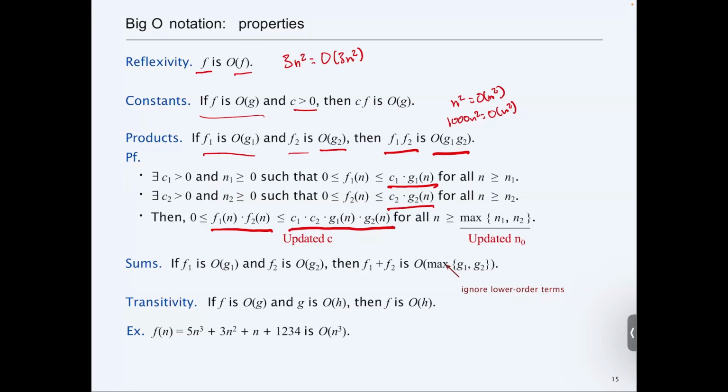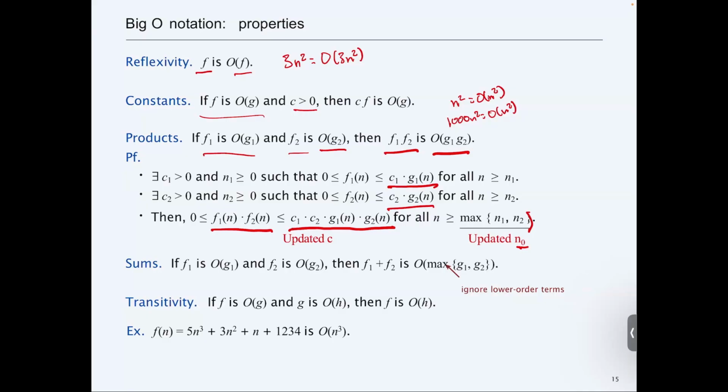So all we do is we update our C value. Instead of C being C1 or C2, we just say C equals C1 times C2. And our N naught now, instead of it simply being the N that worked for f1 and the N that worked for f2, we're just going to take the largest of the two. So take the largest of N1 and N2, and that is your new N naught.